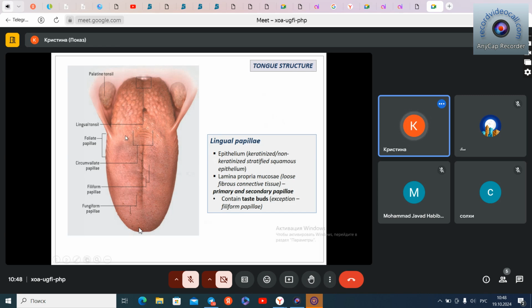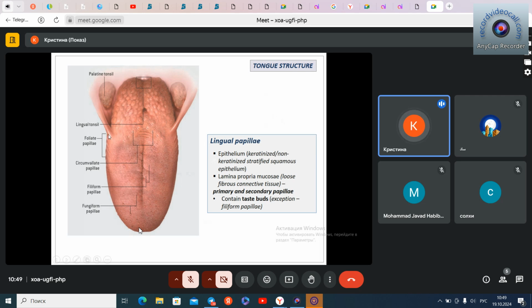They are round in shape and they are encircled with this tissue. They are arranged in a V shape and are located just between the root of the tongue, which is here, and the body of the tongue. So they are located in this area.